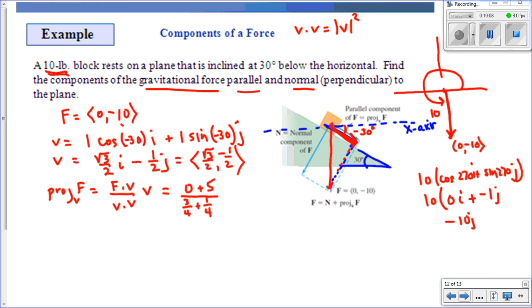We created v having magnitude 1, so of course that's just going to be 1, which is what we have for the denominator. Now the vector v. So we have 5 times square root of 3 over 2, negative 1/2.